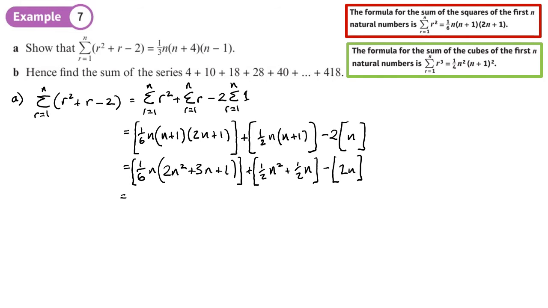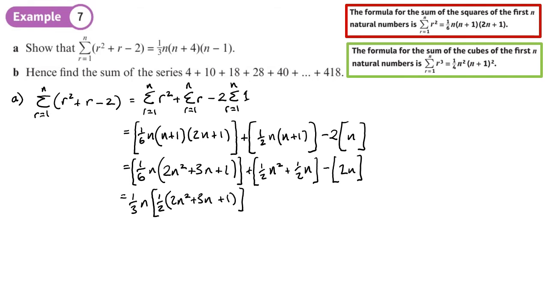Now I'm actually going to take out a third n as a factor of each bracket, and I'll show you how I can do that. So if I took out a third n, to make this all balance, I need to put a half here, and then I'll have 2n squared plus 3n plus 1.